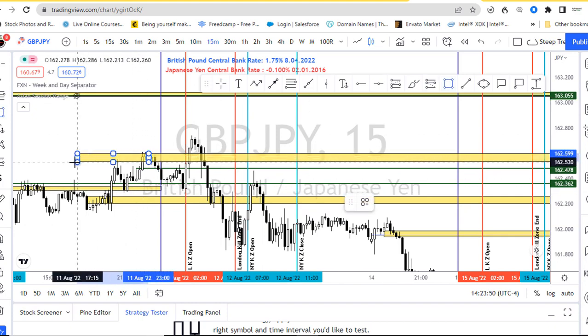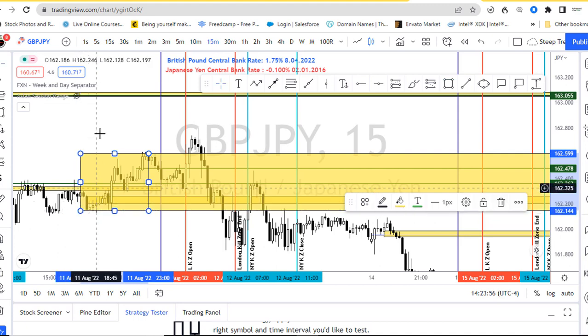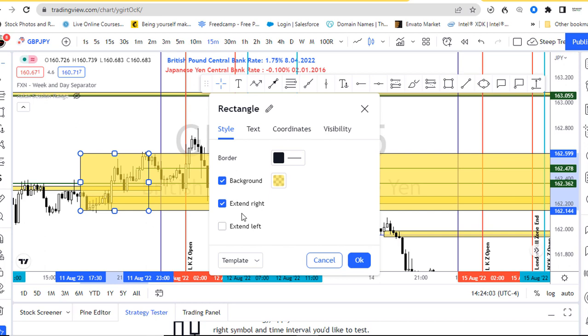But what you're looking for, if you're going to be trading London, is the high and the low of Asia. If you're trading New York, you want to look for the high and the low of the London session.